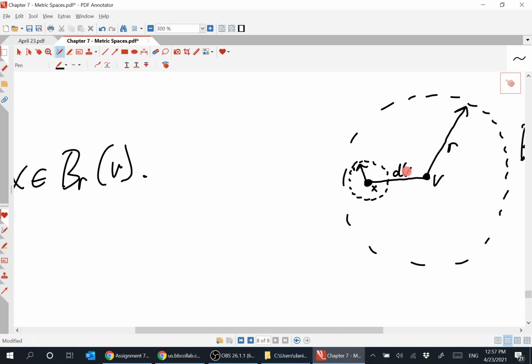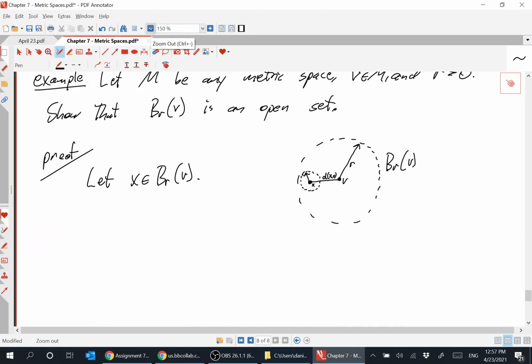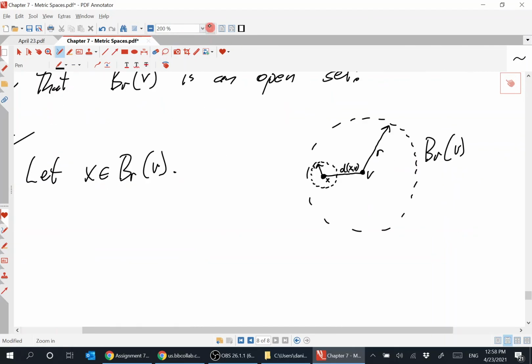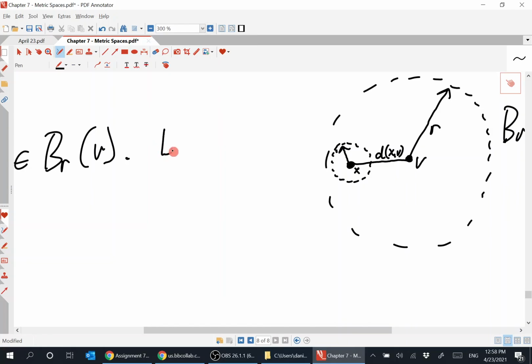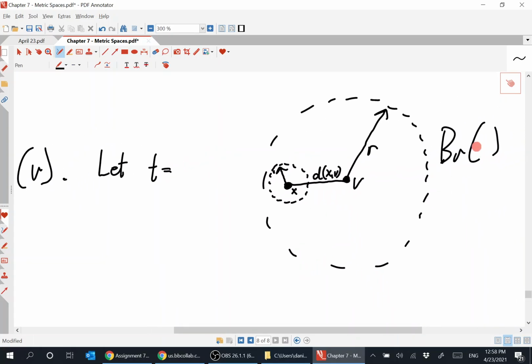This is the distance from x to v. We'll call the radius around x t. Let t be equal to what? What can we define this radius to be that will not go outside the ball around v? One half d(x,v)?